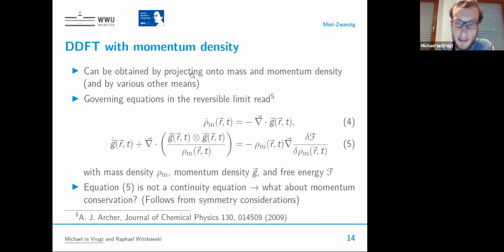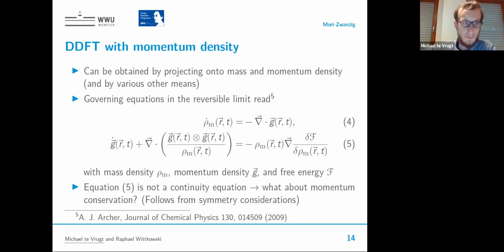And what's interesting about this is that this is the transport equation for the momentum density, which is a conserved quantity in the microscopic dynamics, at least if you ignore damping. So if you start from the Hamiltonian dynamics. But still, this is not a continuity equation, so it's not really clear in what respect this satisfies momentum conservation, even though it, of course, should, because it's derived from a microscopic dynamics that does respect momentum conservation.